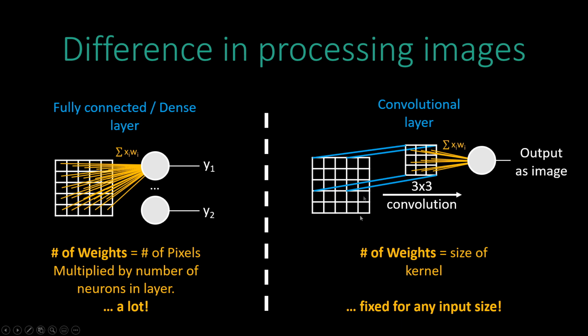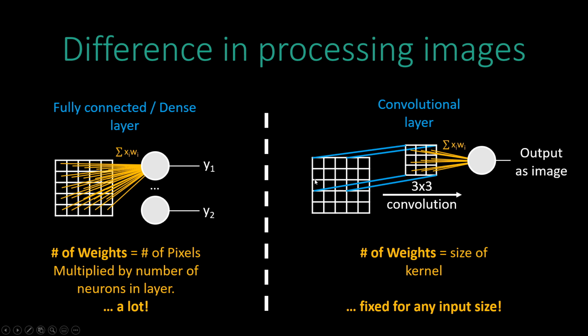Maybe what is relevant now is that the number of weights here depends on the size of the kernel that we chose. If we choose to look at a 3 by 3 area, we need to figure out these 3 by 3 numbers, which is 9. However, we are applying the same 3 by 3 numbers for this square, then this square, then this square, and basically over all the image. So regardless of the image size, the number of weights is the size of the kernel.